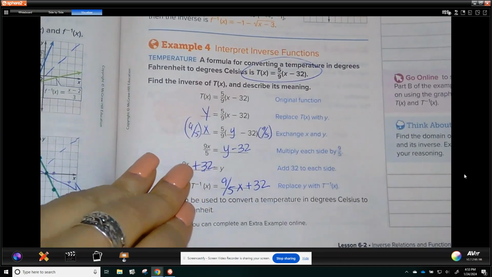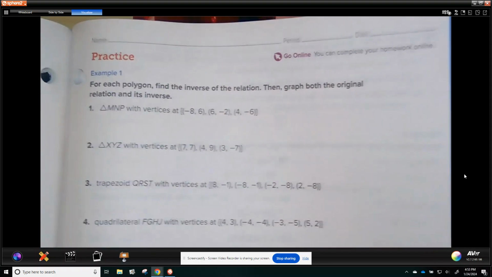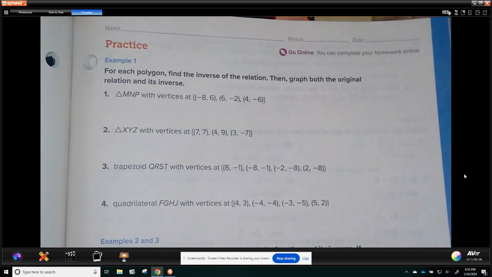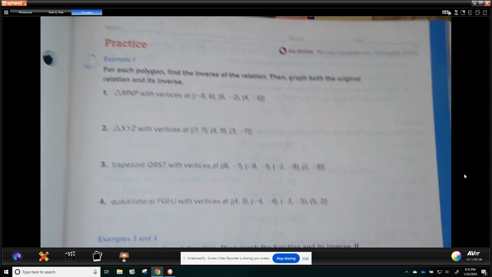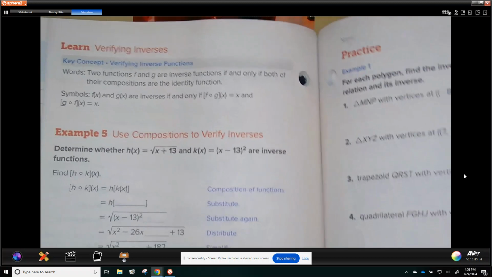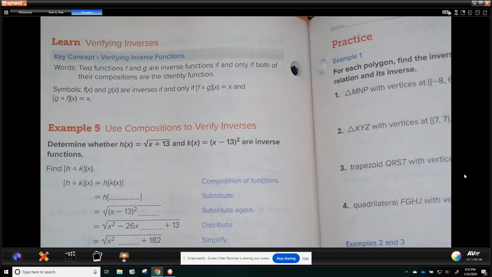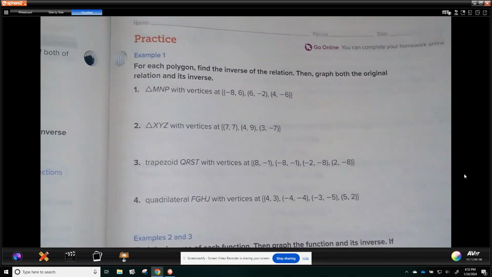All right, your assignment for 6-2 is verifying. So composition of functions is on page 310. And for your inverses, you should get the same thing both times if you put g of f or f of g for inverse functions.